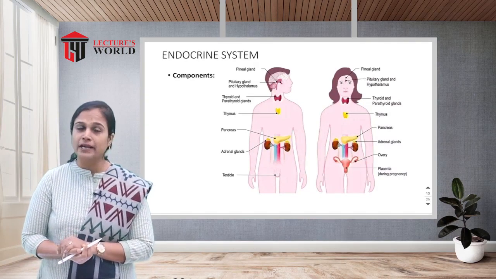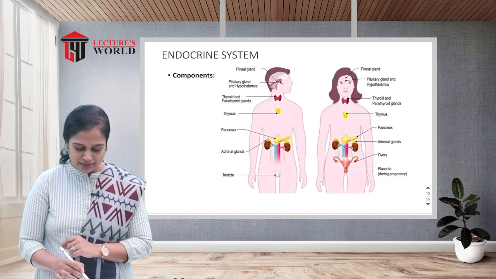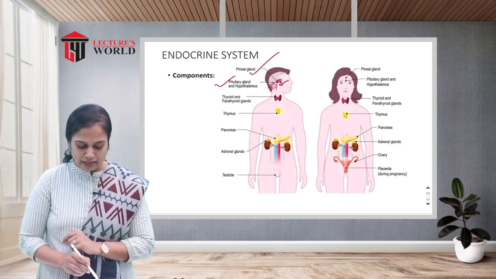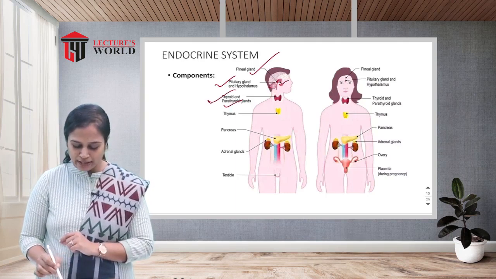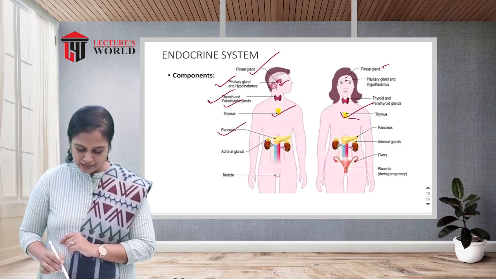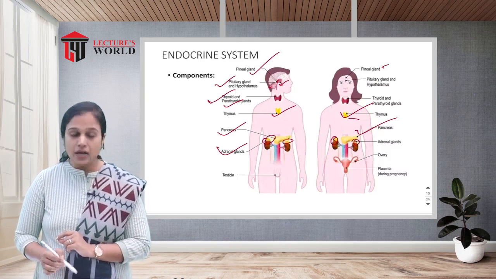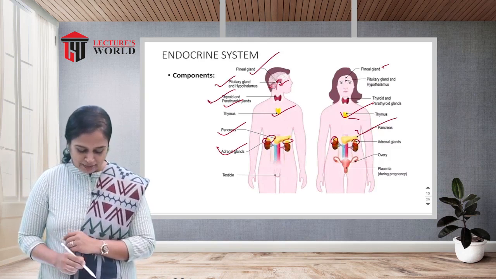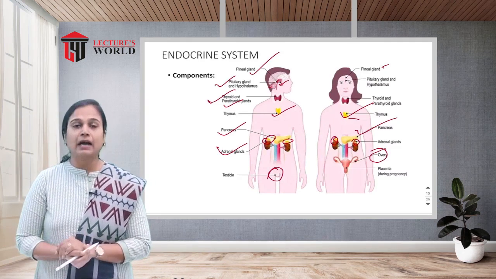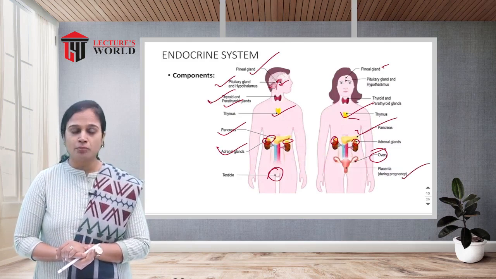The components of the endocrine system are the many glands: the pineal gland, the pituitary gland, the hypothalamus, the thyroid gland and parathyroid gland, the thymus gland, the pancreas, and the adrenal glands, which are located on the kidneys. In males there are the testicles, whereas in females there are the ovaries and the placenta, which during pregnancy work as endocrine system components.